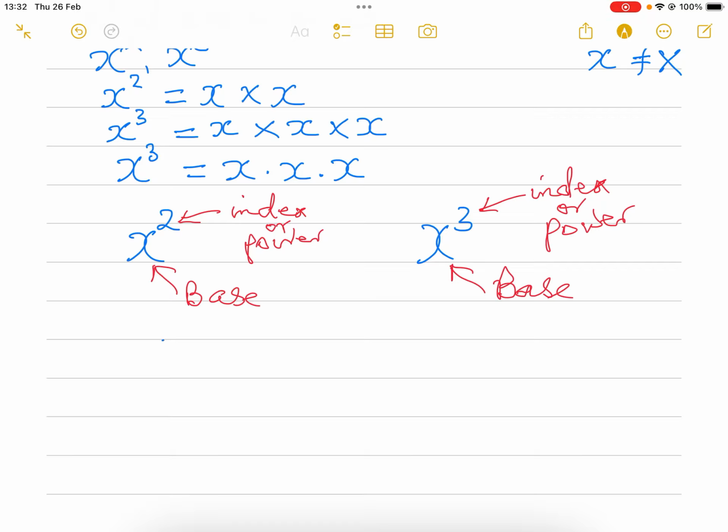Let me make a sketch of a square. Remember, this is a sketch.